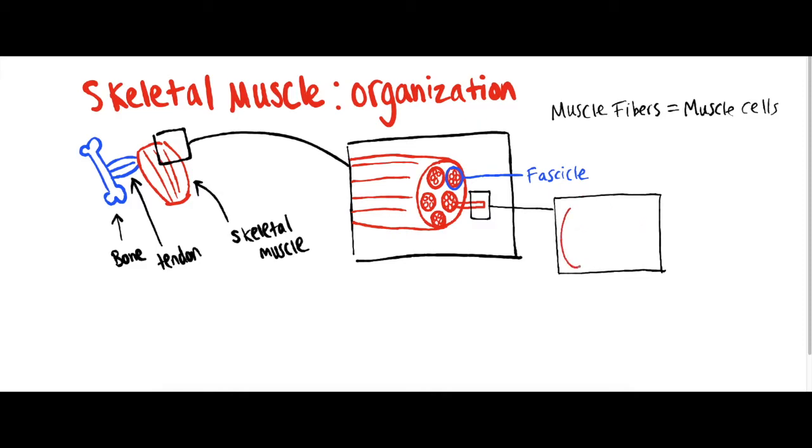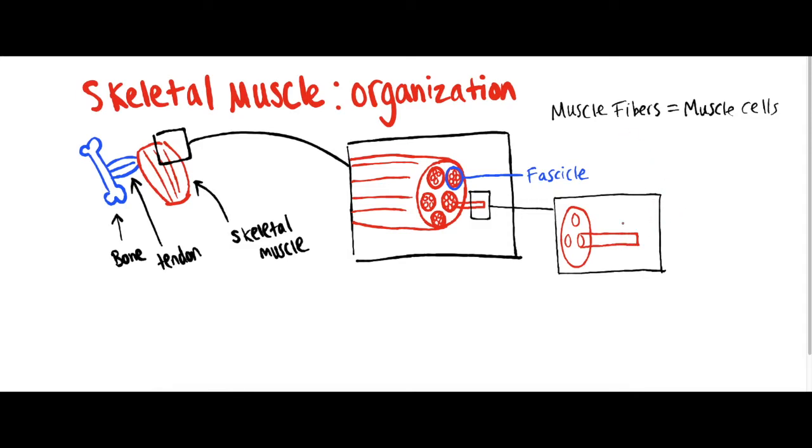Again, we have our bundle of muscle fibers called the fascicle. We got our muscle fibers here, and I pulled one out here to take a closer look at the muscle fiber.